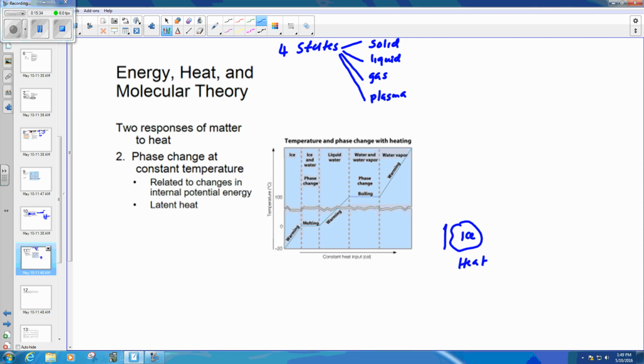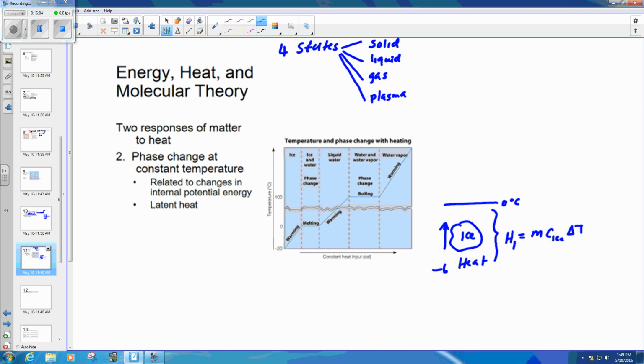It will rise until you reach the melting point, which is 0 degrees Celsius. And the amount of heat that you supply from that equation, I'll call it H1, this will be the mass of the ice times the specific heat capacity of the ice times the change in temperature from, let's say, minus 6 degrees Celsius to 0 degrees Celsius.